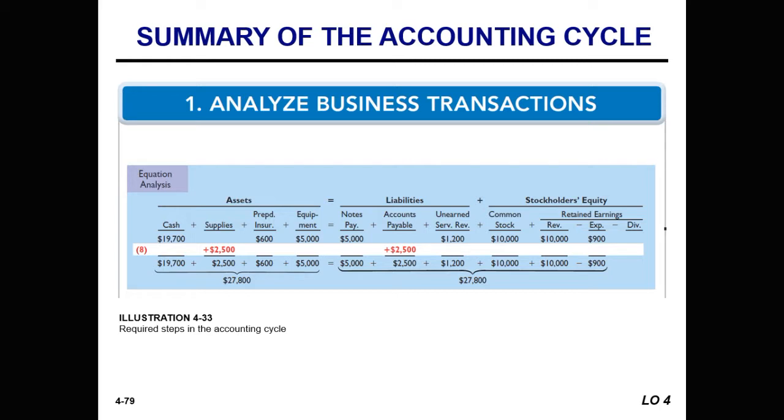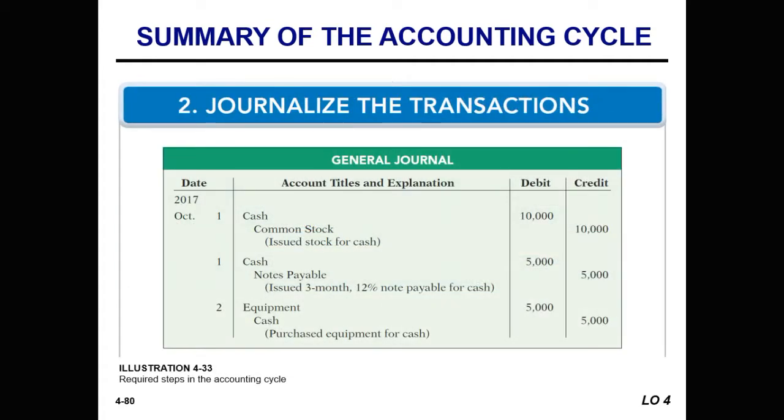You start off by analyzing the transactions. What is its effect on the accounting equation? Once you have a good grasp on that, you move forward to journalizing the transaction in the book of original entry or the general journal. Remember, you start with debits, and they're the first lines.